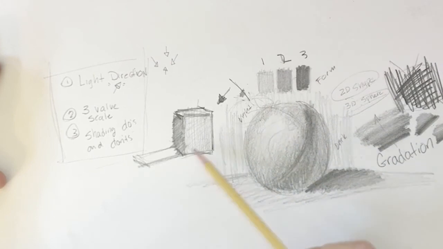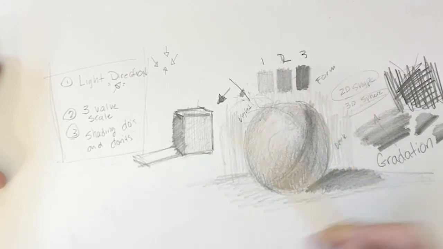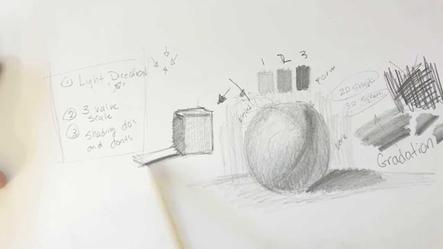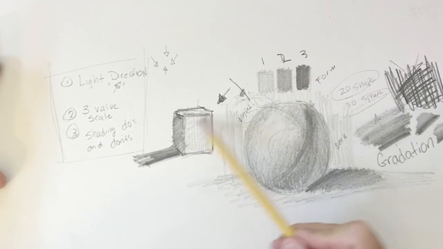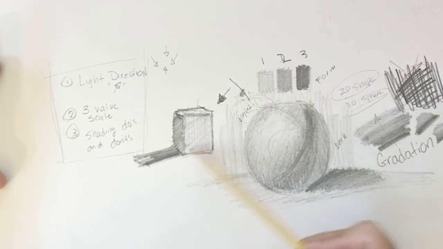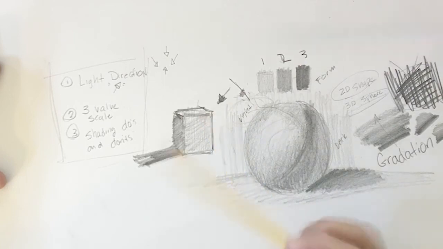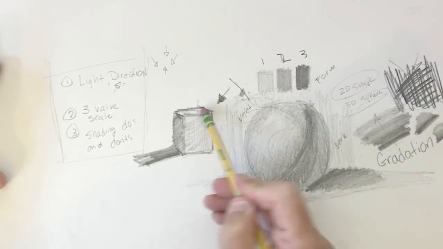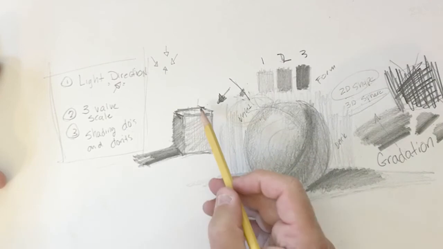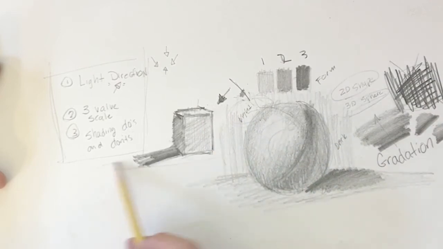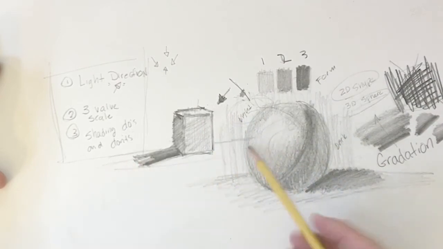Okay. So the shadow has to be darker than this. So I'm going to assign that a number 3. And this I can just bump up a little bit more. But since the light is directly hitting this, I can go ahead and erase some of that to create a strong highlight. And let's put this guy on the table.